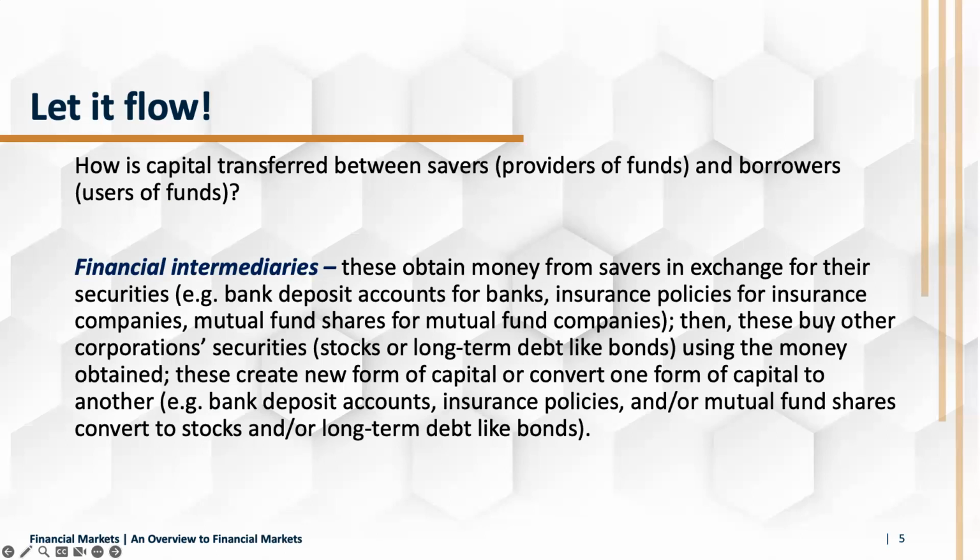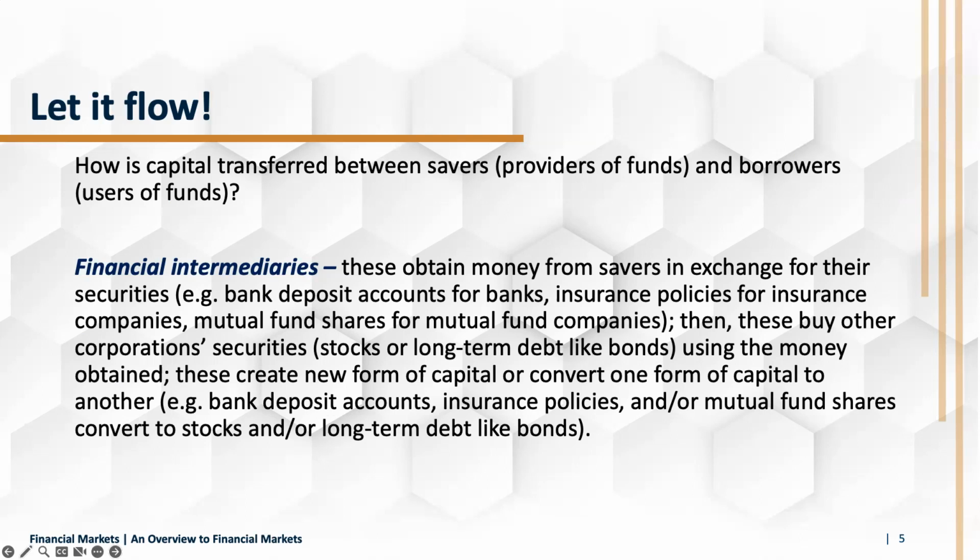So these financial intermediaries offer products. So as an example, a commercial bank is a financial intermediary because they offer deposit accounts to individuals who would like to save money, or even insurance companies who will offer insurance policies, as well as mutual fund companies who offer mutual funds to individuals.